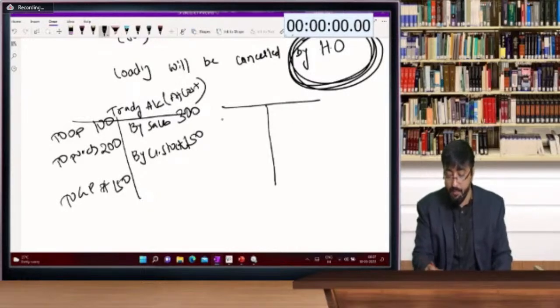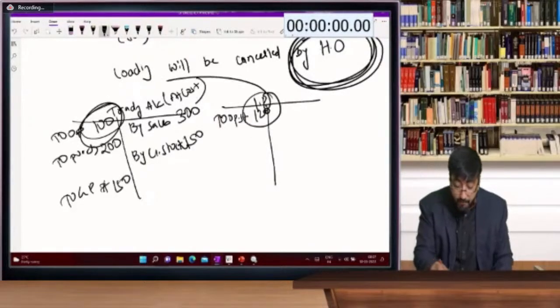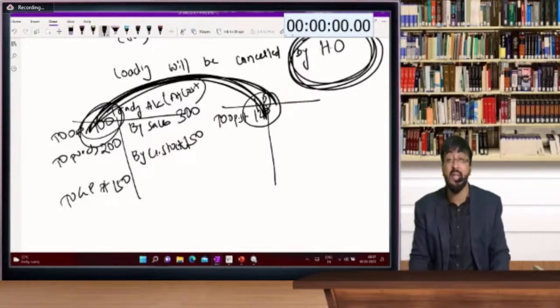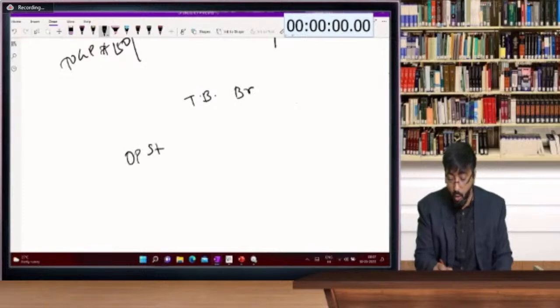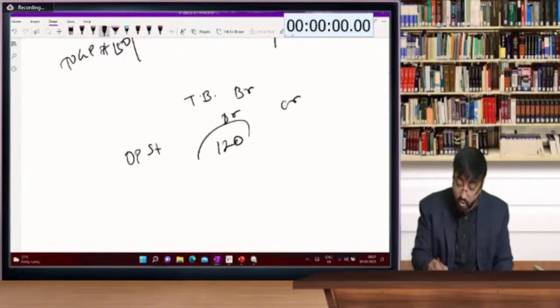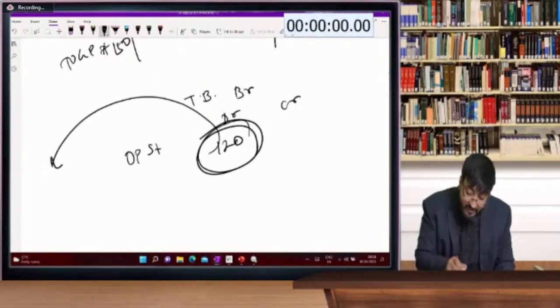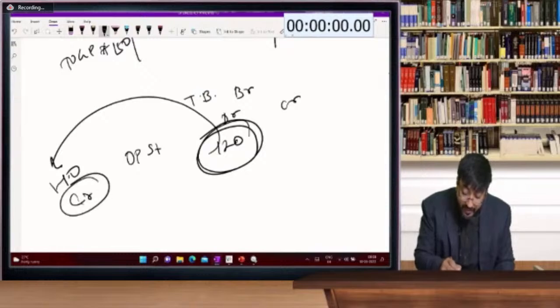But if I'm recording stock at invoice price, opening stock will be, assume, 120 invoice price. So this difference of rupees 20 in stock will be cancelled by HO. Suppose the trial balance of branch is showing opening stock 120. So this loading will be cancelled by HO on the credit side.